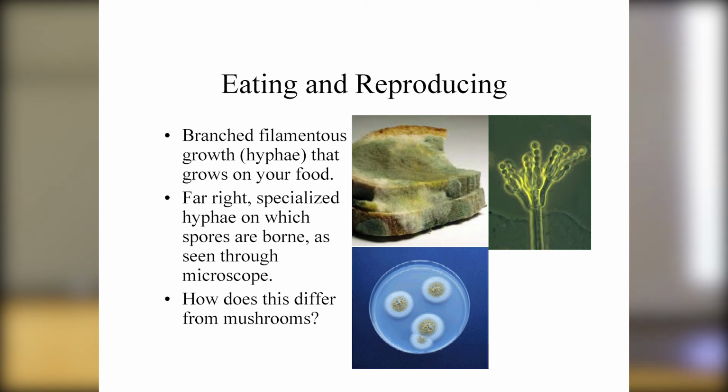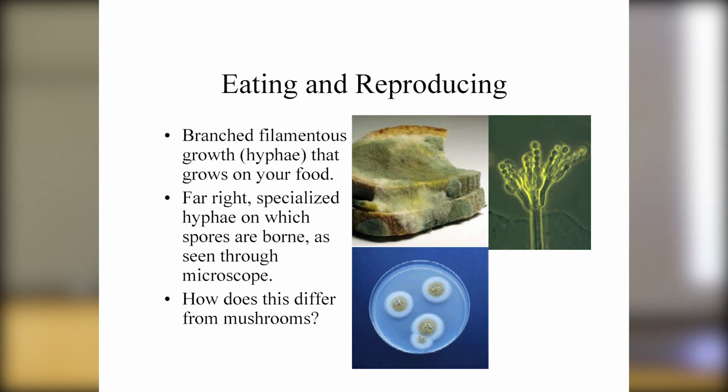Now, how does this differ from a mushroom? Certainly mushrooms don't produce spores like that. The big difference is that the mushroom will produce a very large structure in which spores are produced. That's the structure we call the mushroom, and generally it's called a fruiting body, because that's where the reproductive structures are.